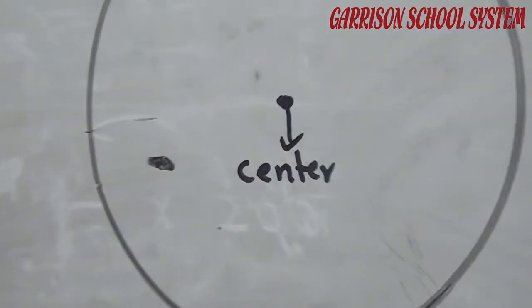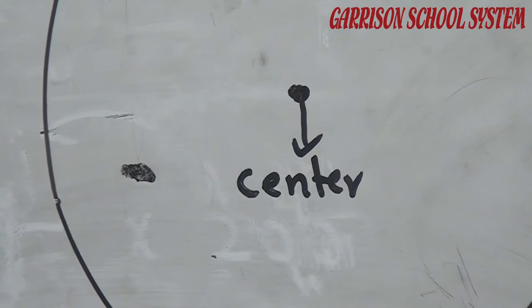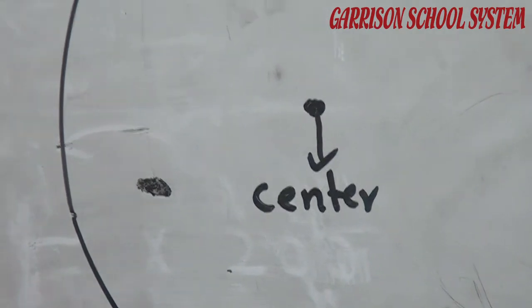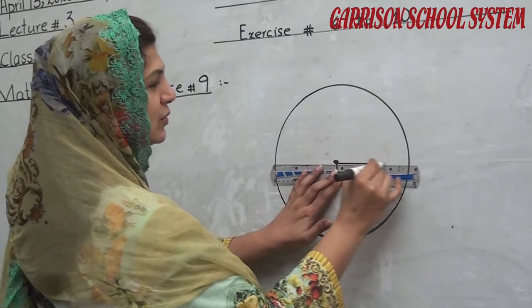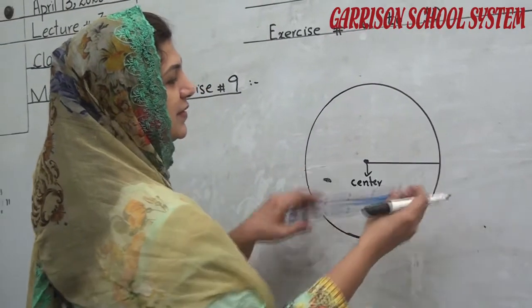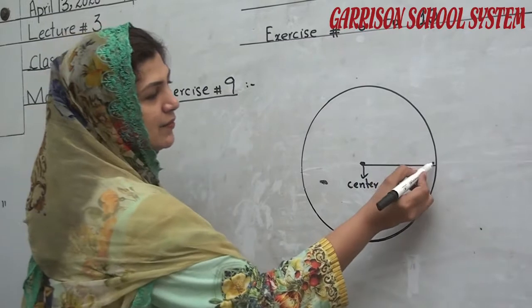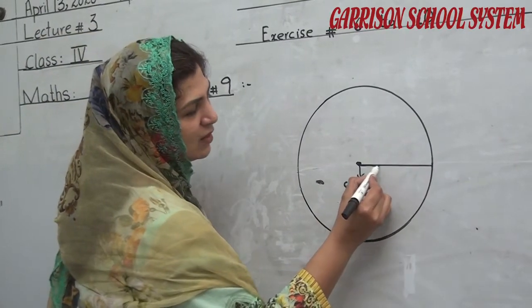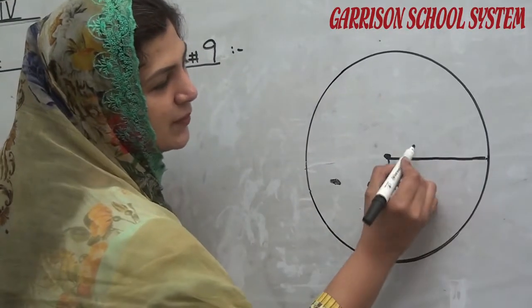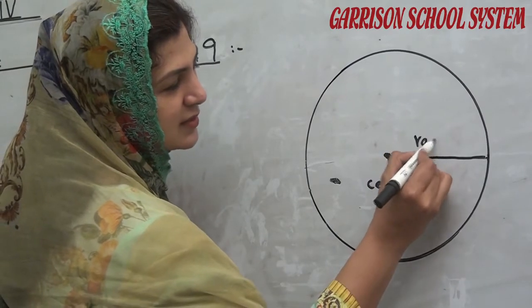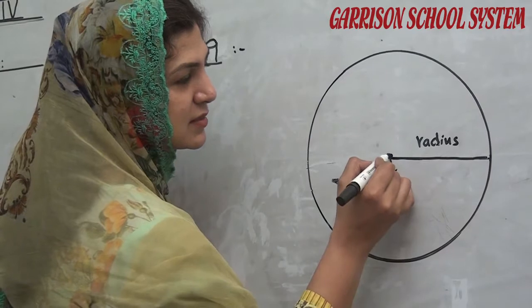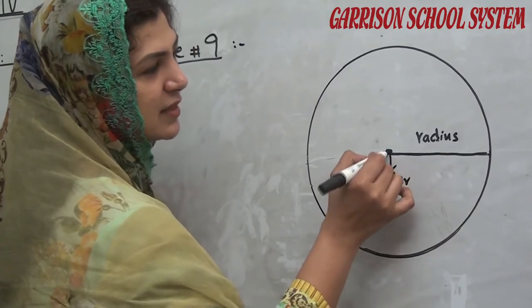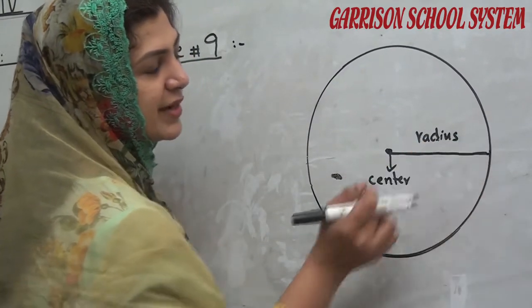And when we draw a line from the center to the surface, to the end, it is called the radius. The distance from the center of the circle to the circle is called radius.